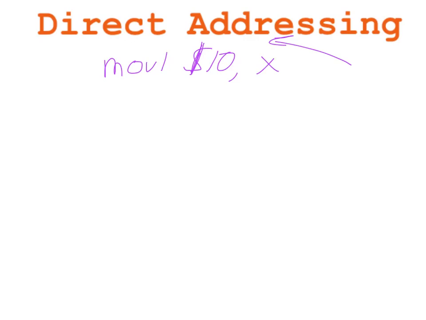Let's just say above the move we said .comm. .comm is the assembler directive in order to allocate space for a variable. .comm takes two parameters. The first one is what we want to call that variable, and we'd call ours x in this case. The second parameter, separated by a comma, is the size that you want your variable to be. In this case, we're defining x to be 4 bytes.